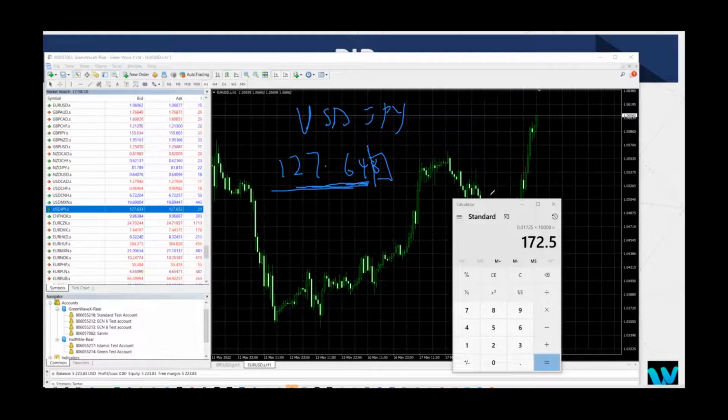And if this is going to confuse you, let's say we are looking at price between 127.648 and 125.222. I want to find the number of pips.